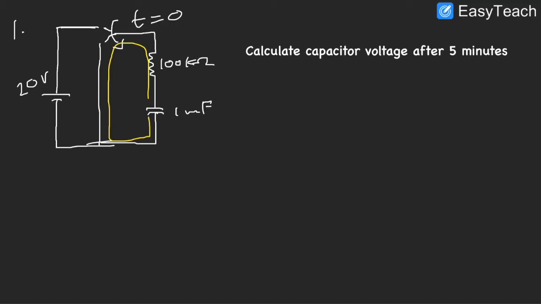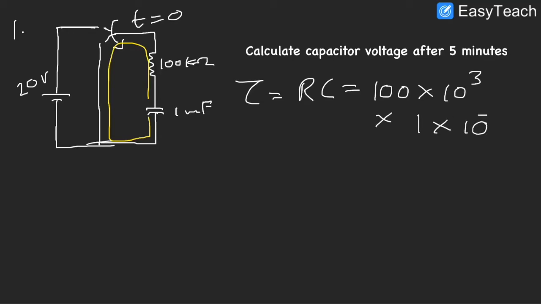Let's use the expression that we just saw for the voltage, but before that, let's find our tau value. That is our RC, and here our R value is 100 kilo ohms, so I'm going to write 100 times 10 to the power 3, times our capacitor value of 1 millifarad, which is 1 times 10 to the power minus 3.